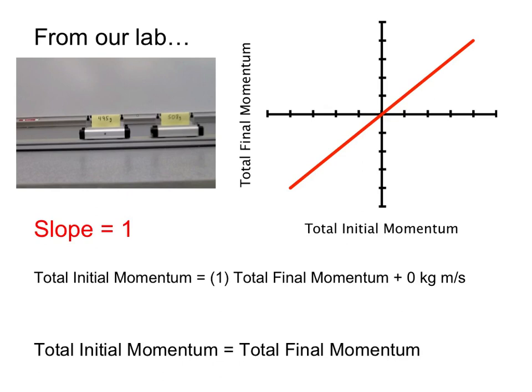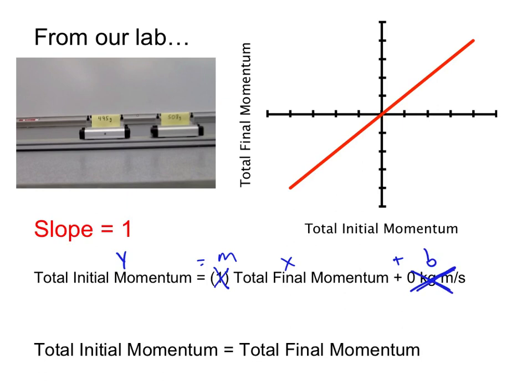Now, if we were to do the y equals mx plus b for this graph, what we would have found was that the initial momentum is equal to 1 times the final momentum plus 0. The y-intercept there is 0.